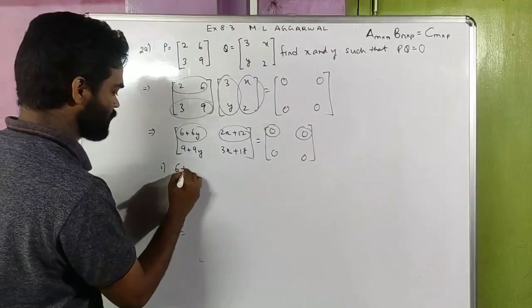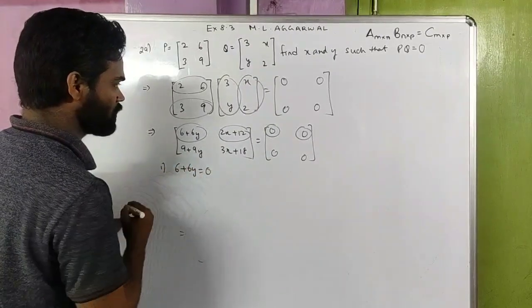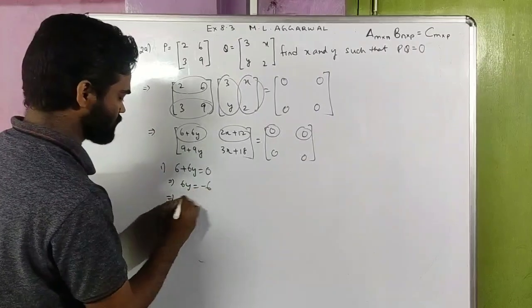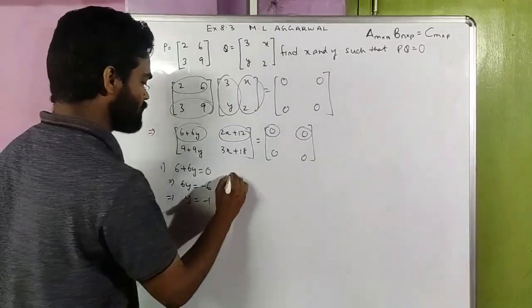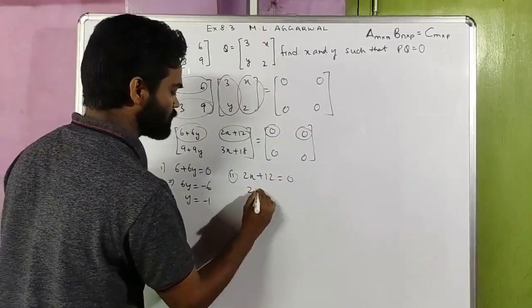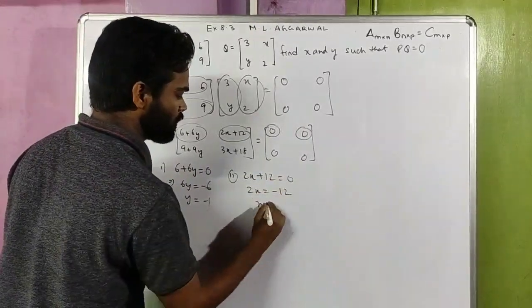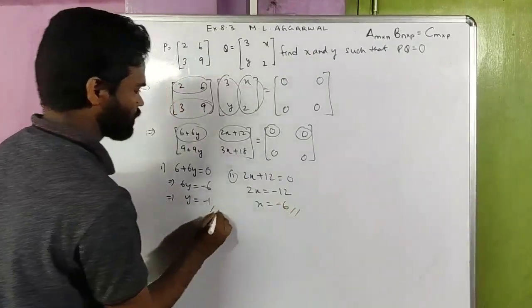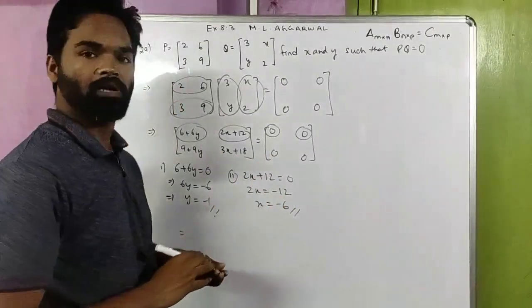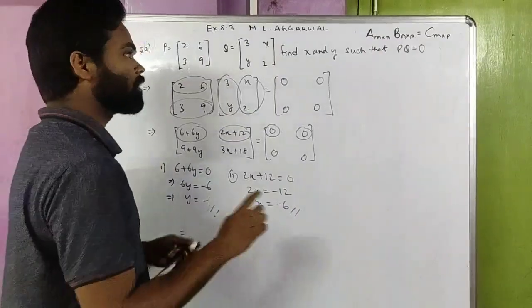So can I say 6 plus 6y equals to 0, which means 6y equals to minus 6, which means y equals to minus 1. Now we can equate 2x plus 12 equals to 0, which means 2x equals to minus 12, or x equals to minus 6. You can equate this and this, you'll get the same answer. Am I clear?